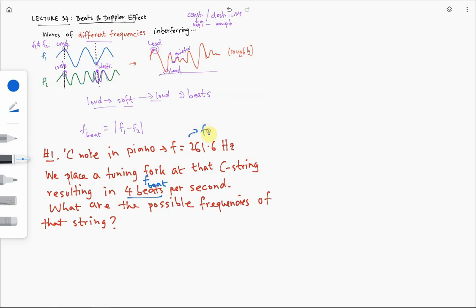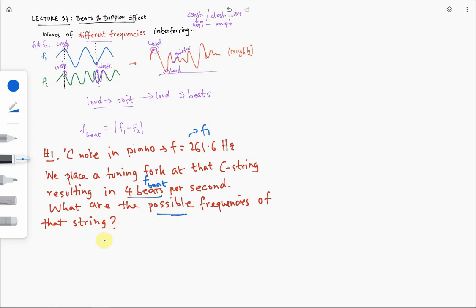Let's say this is f1. We want to know what are the possible frequencies that the string can have. The word possible here is important, and we will soon know why there are multiple frequencies that are possible for that particular string when it's oscillating at 4 beats per second.